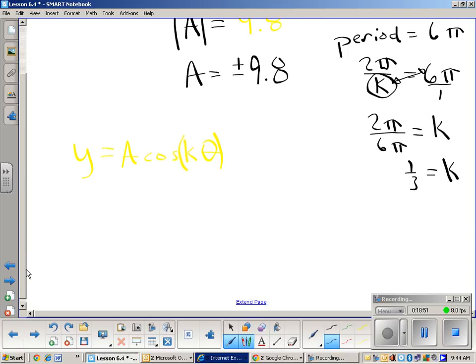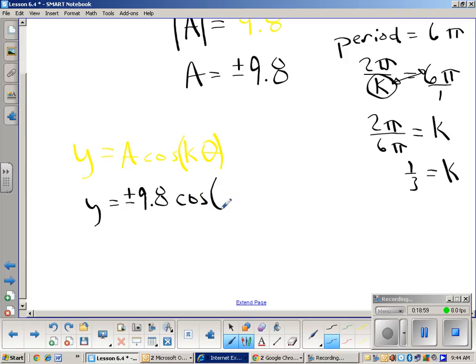So if we go back now, y is equal to, plus or minus, we don't know which, 9.8 cosine 1/3 theta, or you could write it as, and it looks better, theta over 3. Okay? So that's our model.